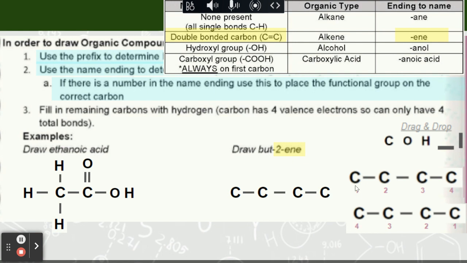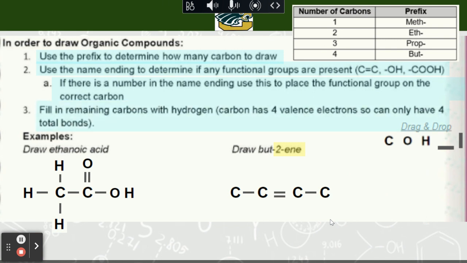The lower number here is 1, so this is a 1 carbon. The lower number here is a 2. The lower number here is a 2. And the lower number here is a 1. So this says it goes on a 2 carbon. So it's here, or if you were looking at that one, it's there. No matter which way you do it, the 2 is in the middle. So this goes in the middle.